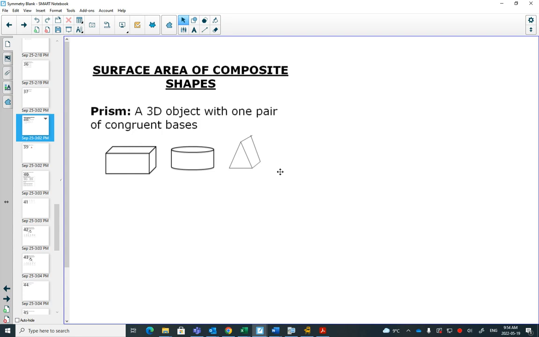So the first topic, or the first definition we're looking at, is what is a prism? Basically, to describe a prism, imagine cutting out a shape, like a circle. Take a piece of paper, cut out a circle.